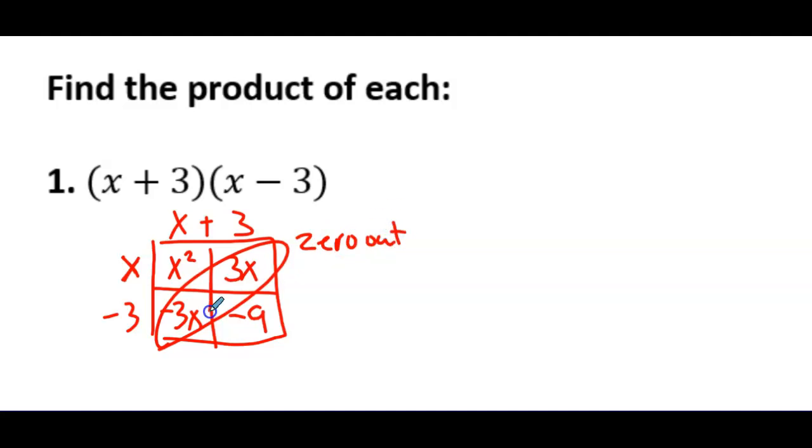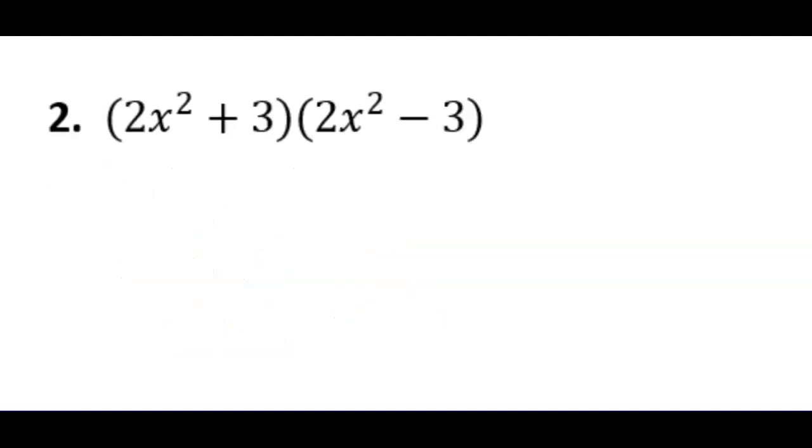If I add those together, negative 3x plus 3x gives me 0. So what do I have left inside? I've got x squared minus 9. Okay, pretty cool.